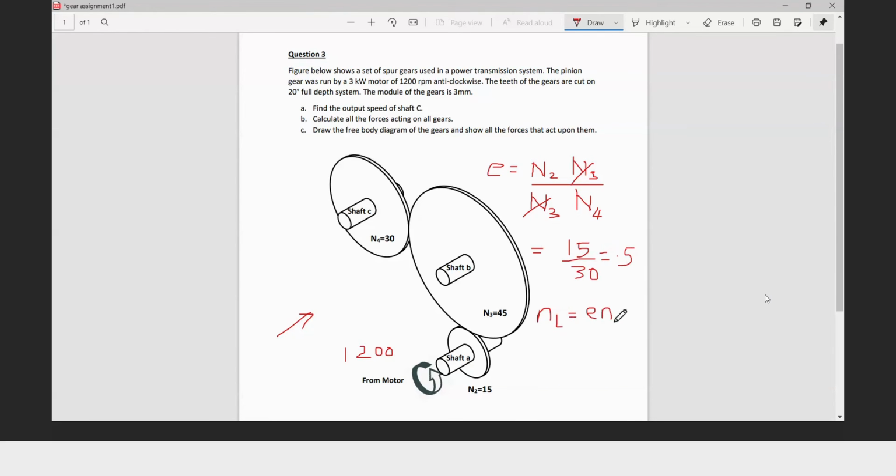So the answer: N last equals e times N first. N last is your N4. So your N4 speed equals 0.5 times 1200, so 300. Okay. Is this 300 negative or positive?